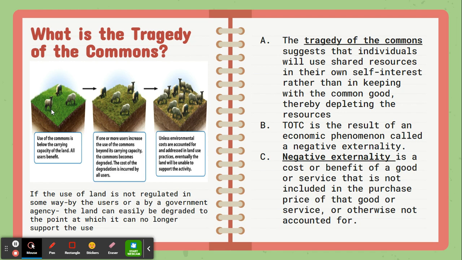The cost of the degradation is then accrued by all users. That would be a negative externality. And unless environmental costs are taken into account and addressed in the management of this land use, then what's going to happen over time is that land will no longer be able to be used by anyone.